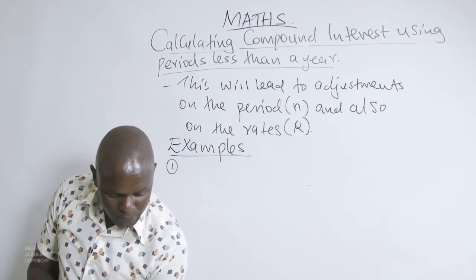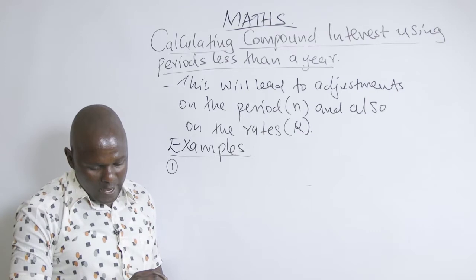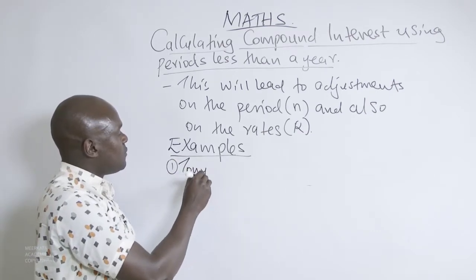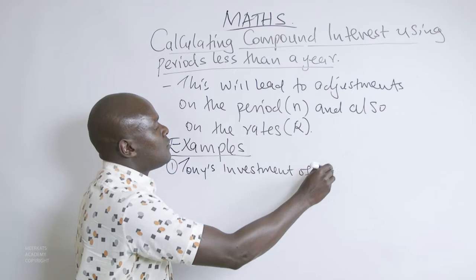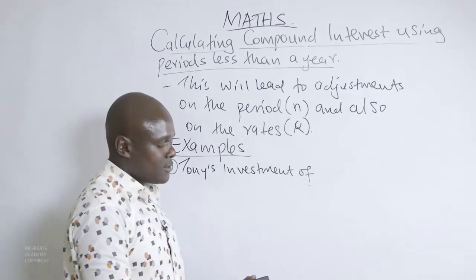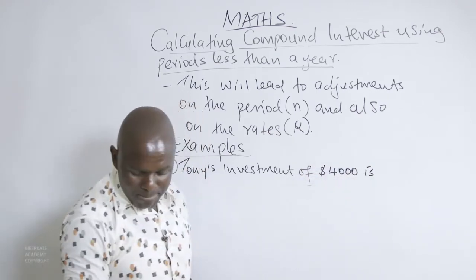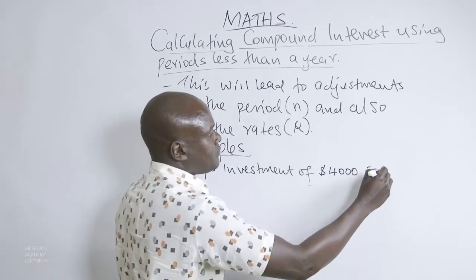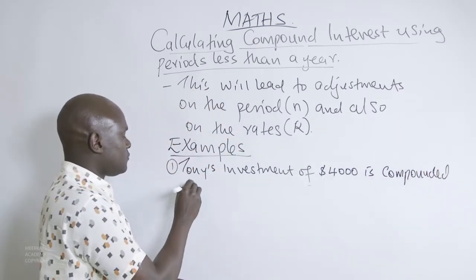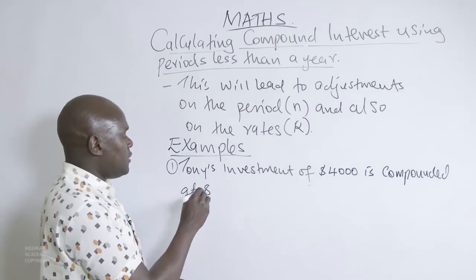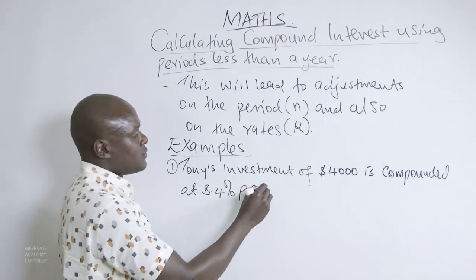In our first example, Tony's investment of 4,000 dollars is compounded at the rate of 8.4% per year, per annum, over 5 years.